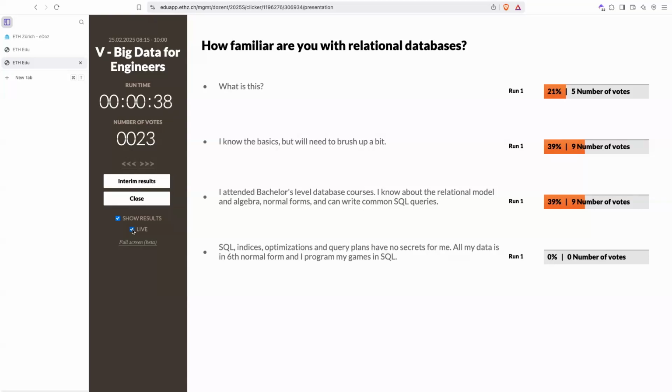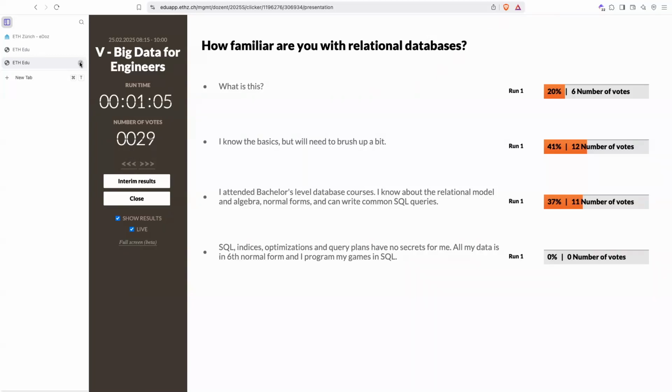All right. So, as expected, there is a bit of a distribution. Some of you reacted with what is this? It's totally okay. You're in the right lecture. There is absolutely no problem with that because it's complementary. And all you'll need to do is learn SQL. Yep, so that gives me a good overview.